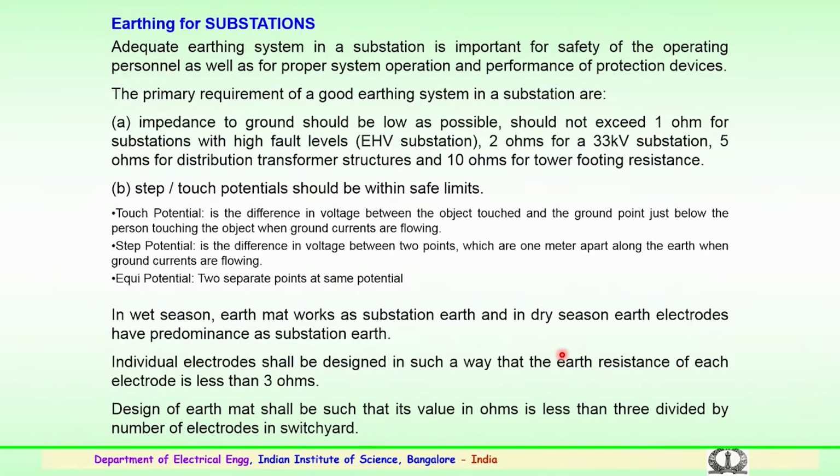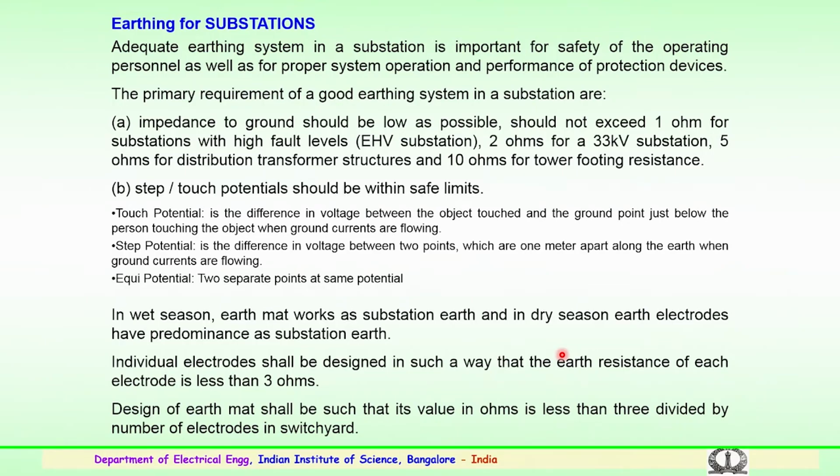So, the proper planning of the earth mat in a substation is very important, and also the individual electrodes which are used for the earthing should be designed in such a way that the earth resistance of each electrode which is being used should not be less than 3 ohms as per the specifications. The value could be still reduced as the voltage levels increase for UHV and EHV systems.